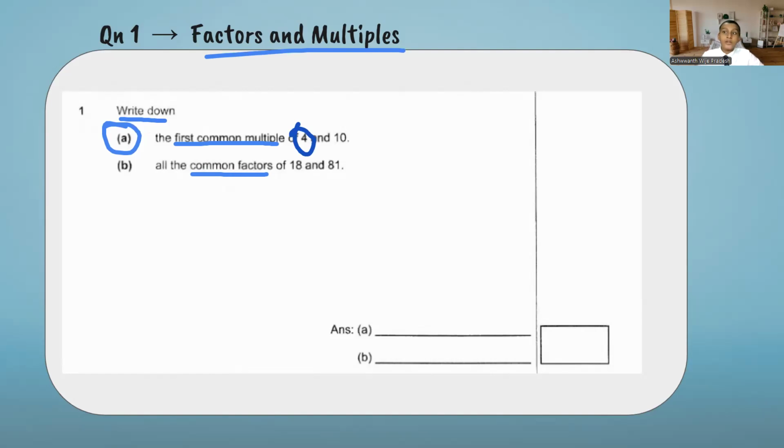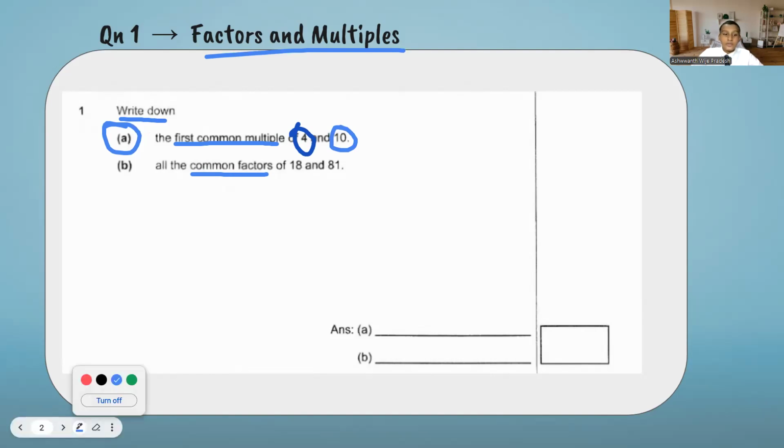So 4 is the first multiple. Then we keep going, we get 4, 8, 12, if you keep multiplying by 2, 3, 4 onwards. So it keeps going on. Same thing for 10: 10, 20, 30, 40. If you keep multiplying it by 1, 2, 3 onwards, it is always a multiple.